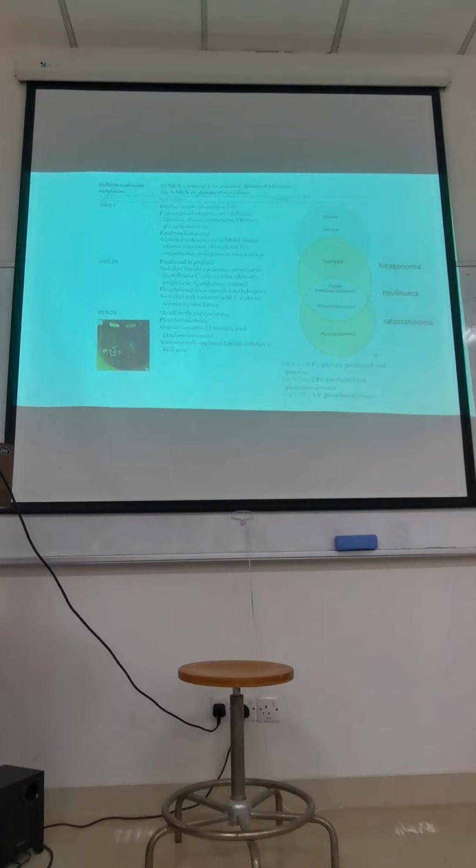Clear? So here you see P, P, P. There are 3 P's in MEN 1. There are 2 P's and 1 T in MEN 2A. There is only 1 P in MEN 2B. So in the exam, they will ask you whether it is MEN 1, 2A, or 2B.